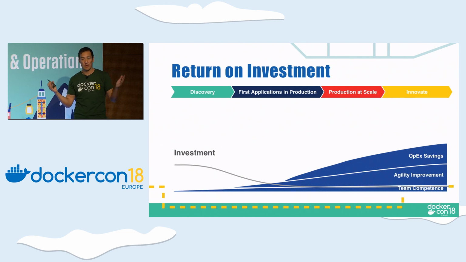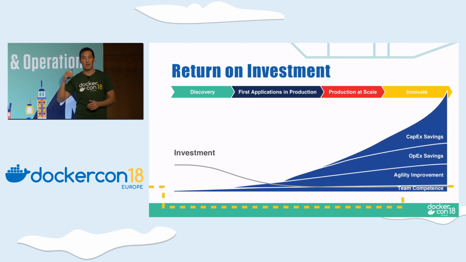I've been on some projects where we had a whole team dedicated to that, and we've been able to shrink that down, and those people were freed up to do a lot more innovative things. And then finally, as we get into scale, you'll start to realize your infrastructure savings. All of those containers will shrink down your infrastructure, and you will even save on licenses as well.